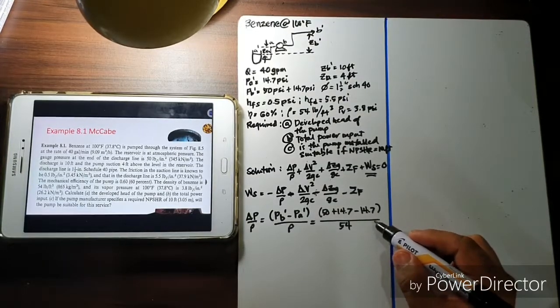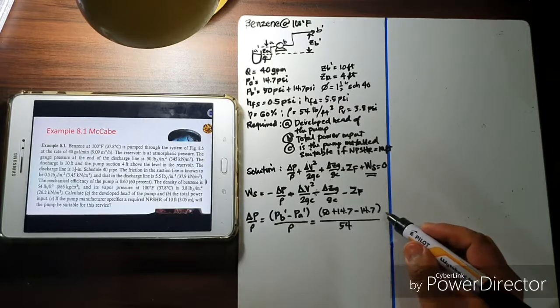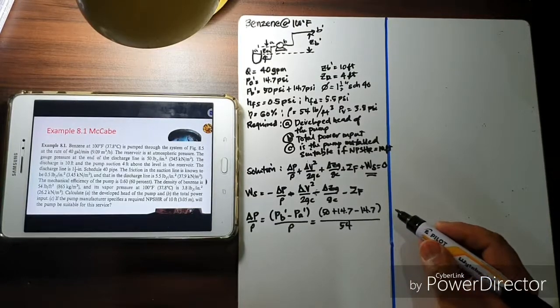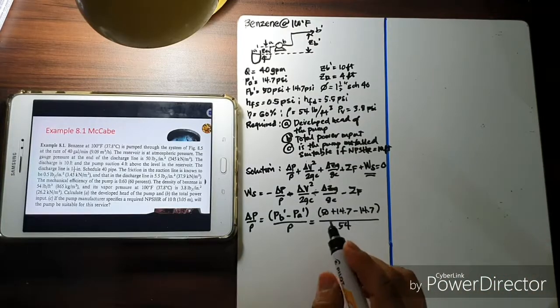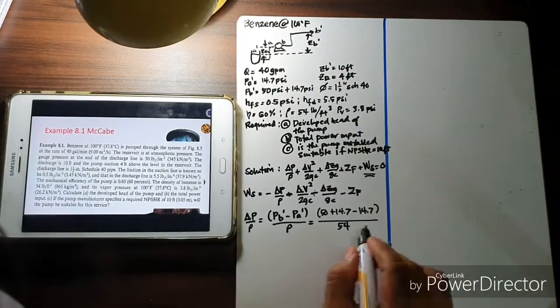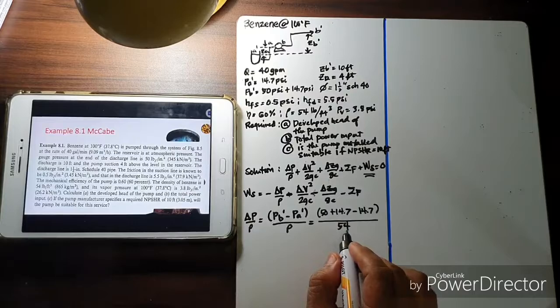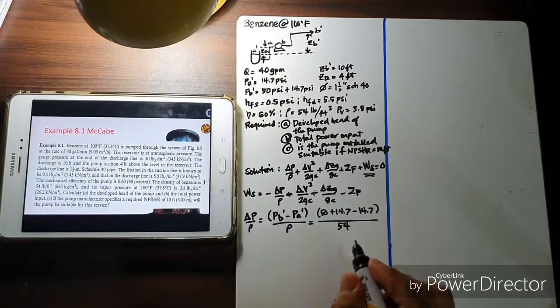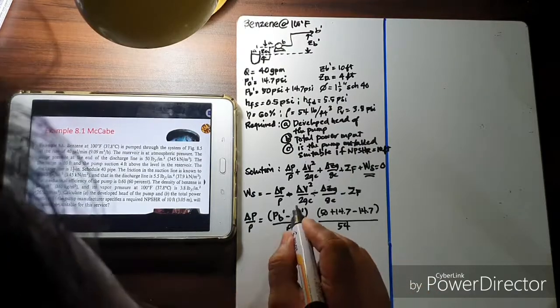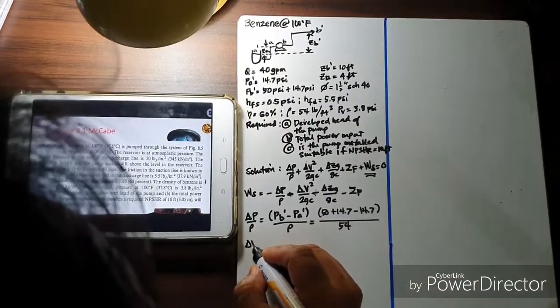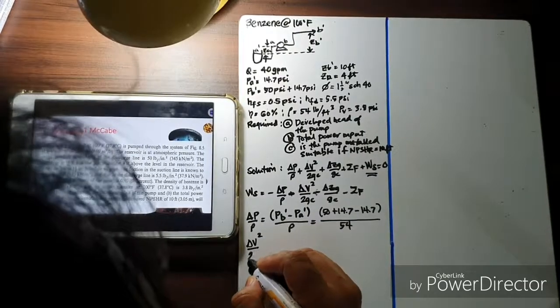Okay. Converting the inch squared to feet squared, we will have to multiply it by 144. Then divide it by 54, so the result comes out in feet pound force per pound mass. What about for delta v squared all over 2gc?